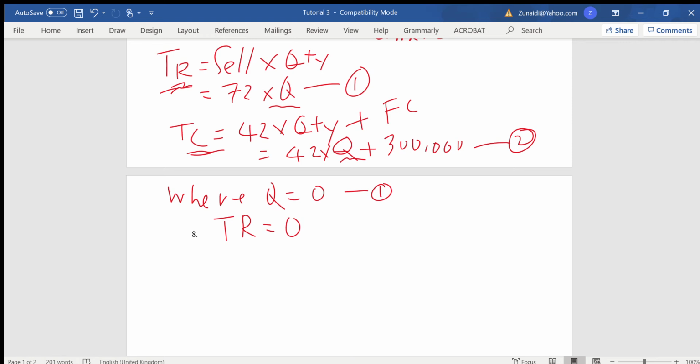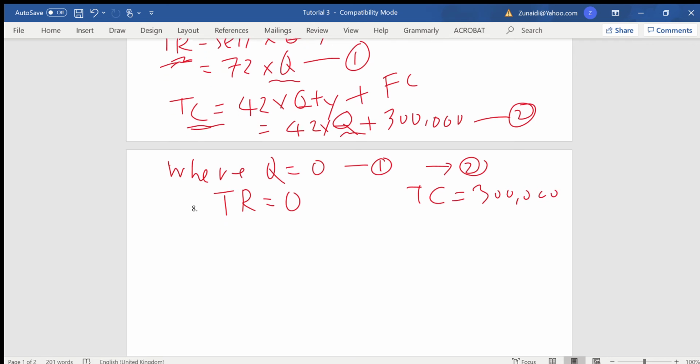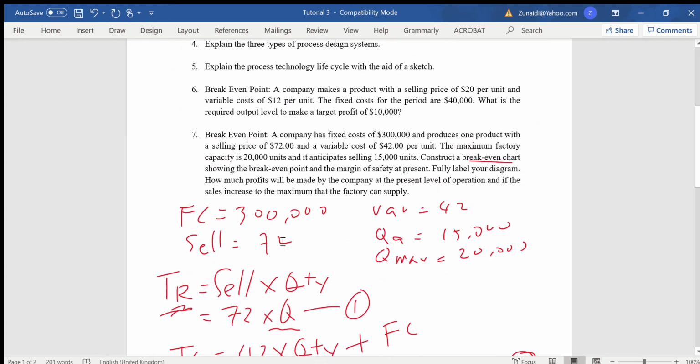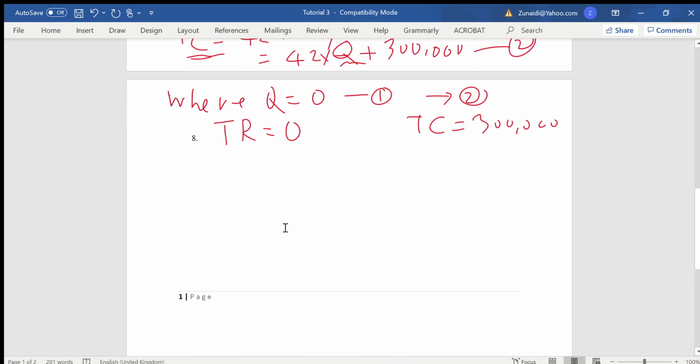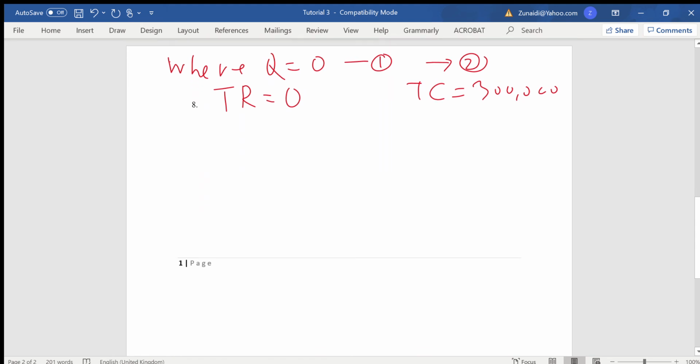And again, we put it into equation 2, and we find TC equals 300,000 when Q equals 0. And then one more, we can find out when Q is at the anticipated selling quantity.